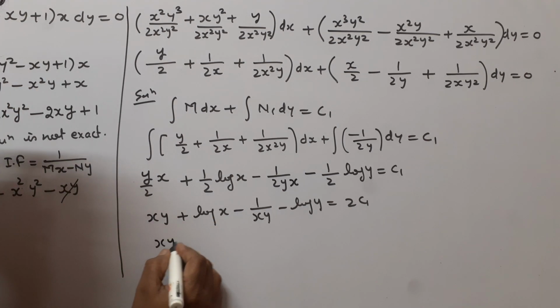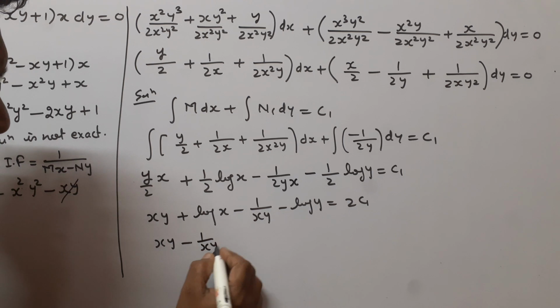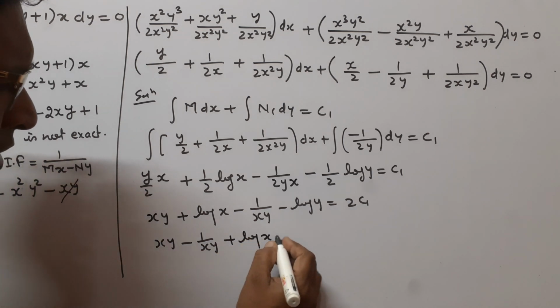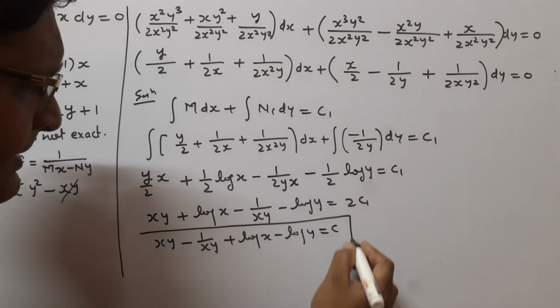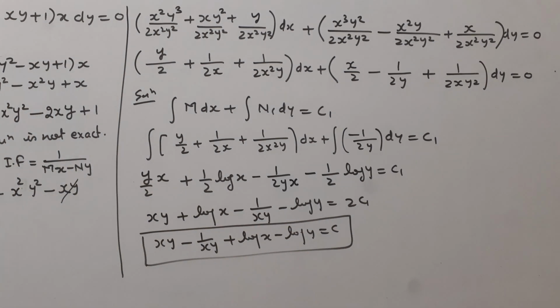So we write here xy minus 1 upon xy plus log x minus log y is equal to c. So this is the solution of the given first order first degree differential equation.